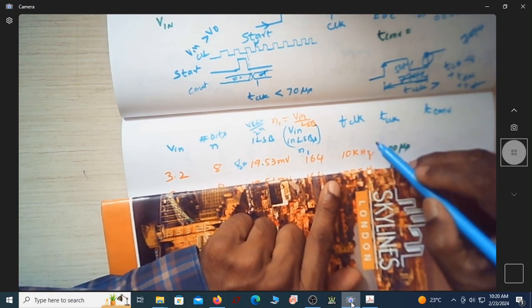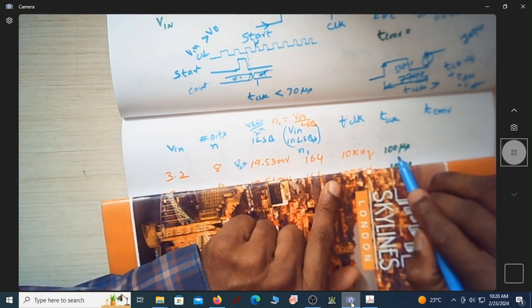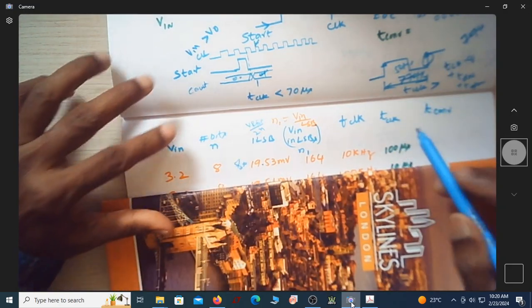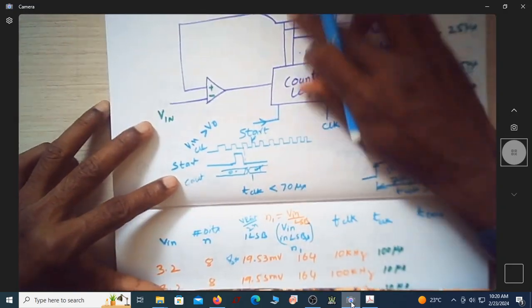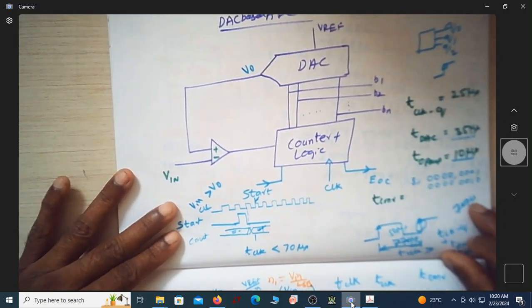Now the clock frequency given is 10 kilohertz, so the clock period becomes 100 microsecond. For this specification, I want the clock period to be more than 70 microsecond. It's not less than, it should be greater than 70 microsecond.